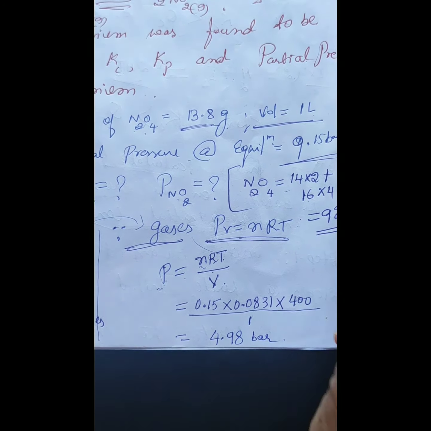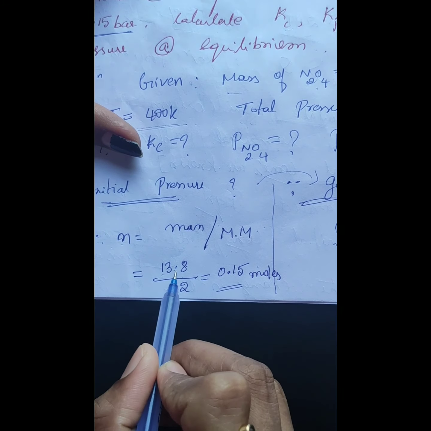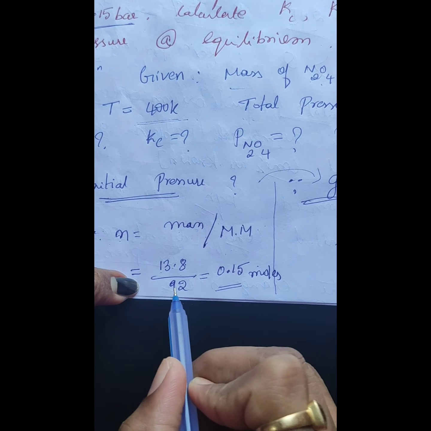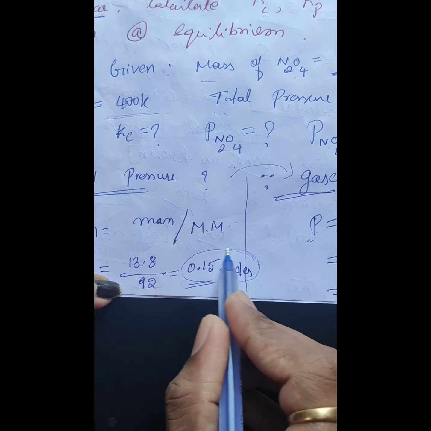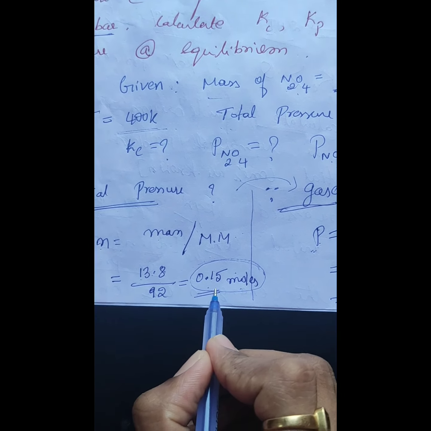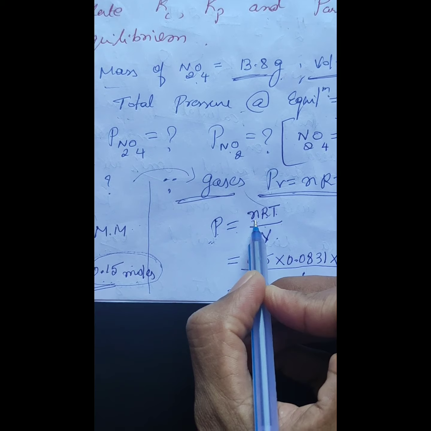Just add 28 and 64. So 13.8 is the mass, and the molar mass of the reactant will be 92. You take the ratio and you will get 0.15 moles. Now just substitute that value over here.